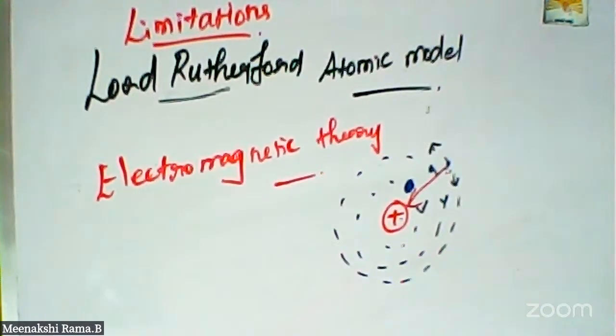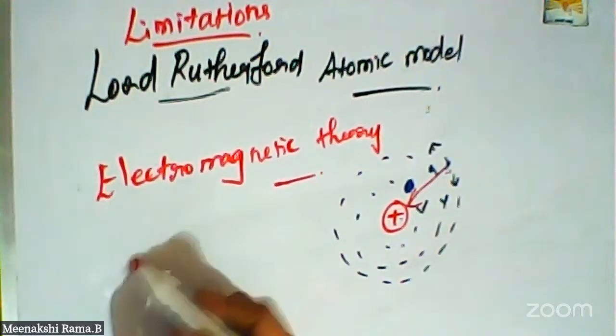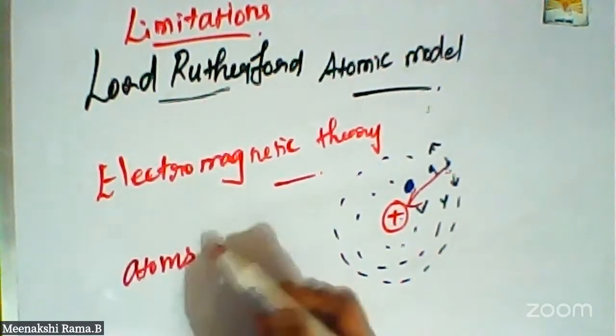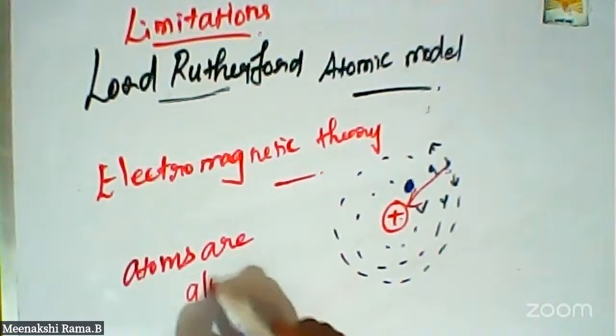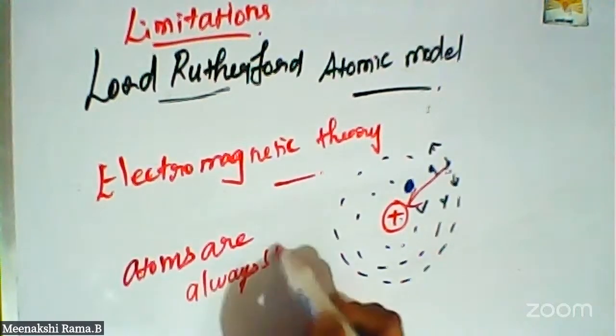But if this happens, the atom becomes unstable. This is the limitation, and this point is not acceptable, because atoms are always stable. So this is the right point.